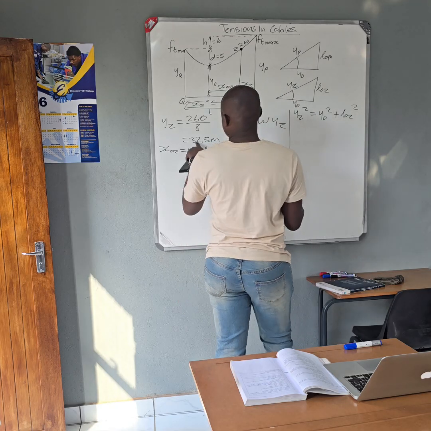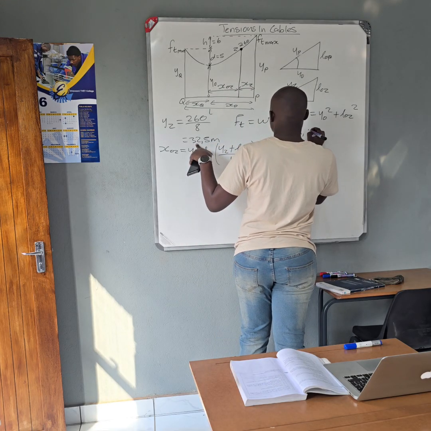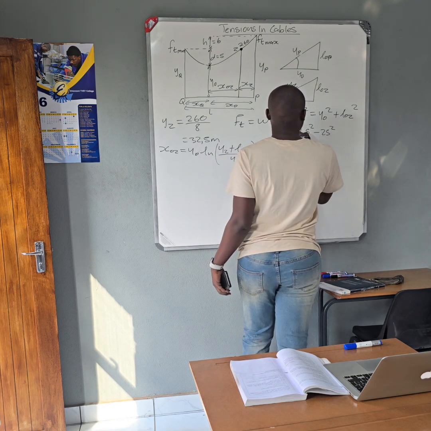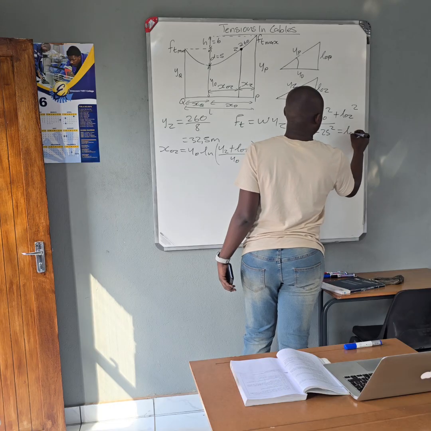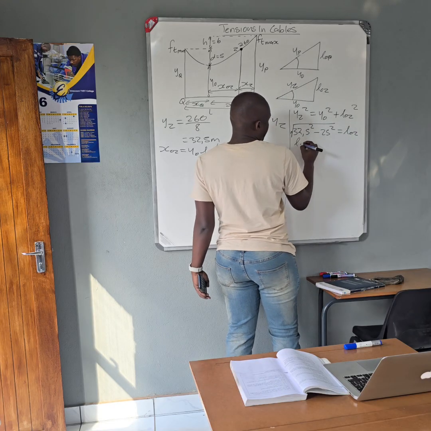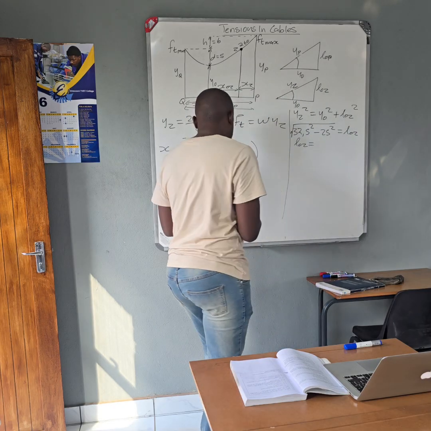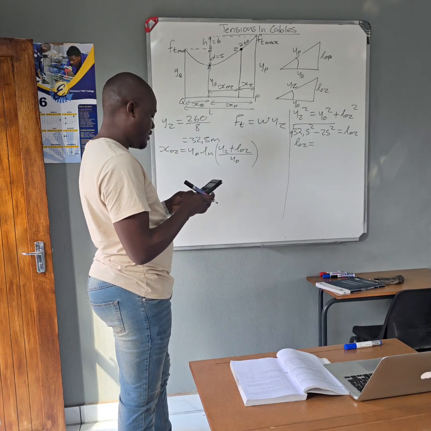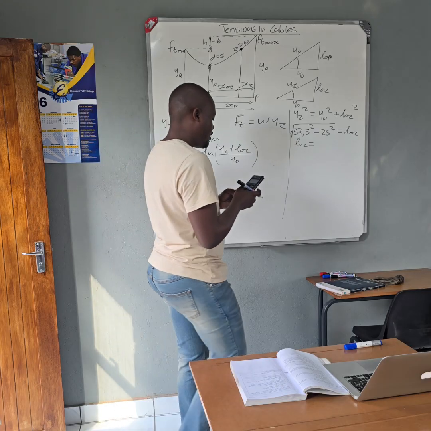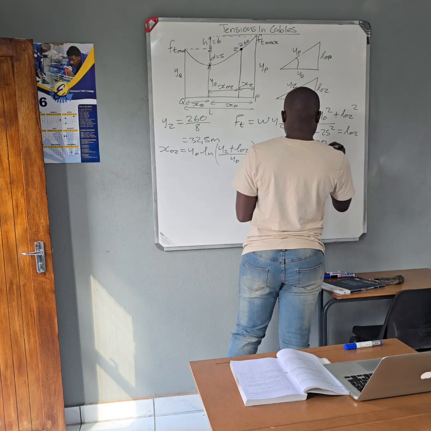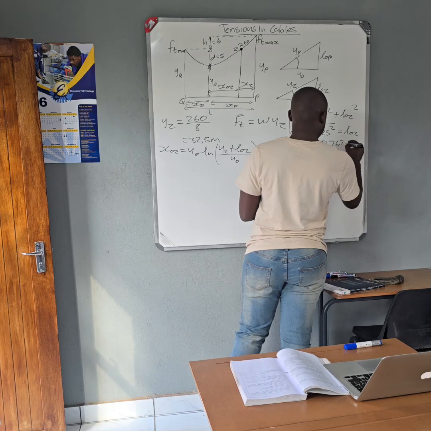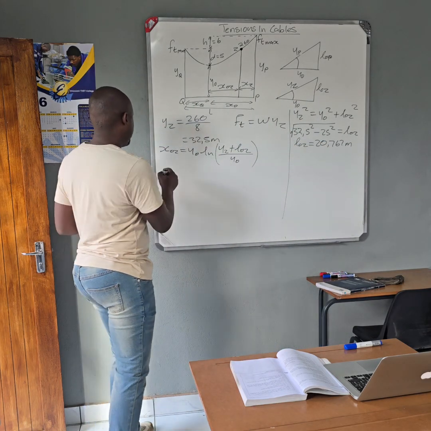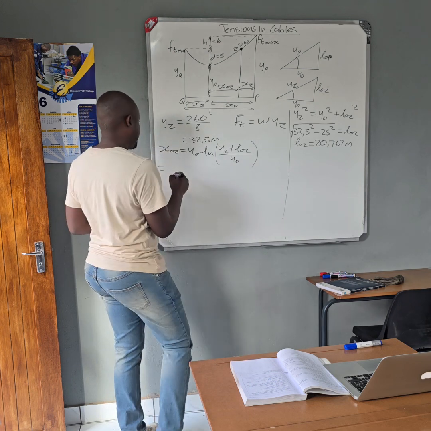So LOZ is the root of 32.5 squared minus 25 squared. Here you are going to find LOZ is equal to 20.767 meters. Now you can substitute here.